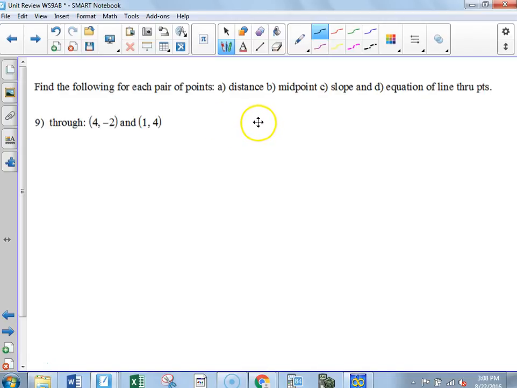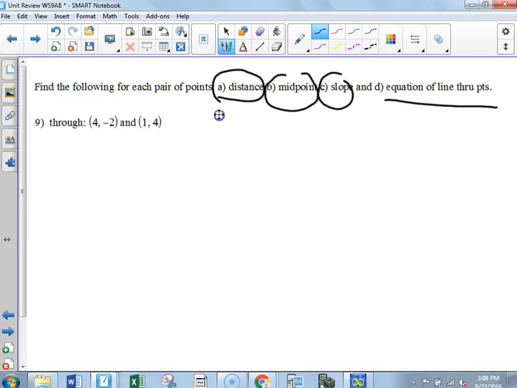It says find the distance formula, find the midpoint, find the slope, and then find the full equation. Okay. So distance, what my suggestion was, think of it as change in x squared plus change in y squared, and then square root it.